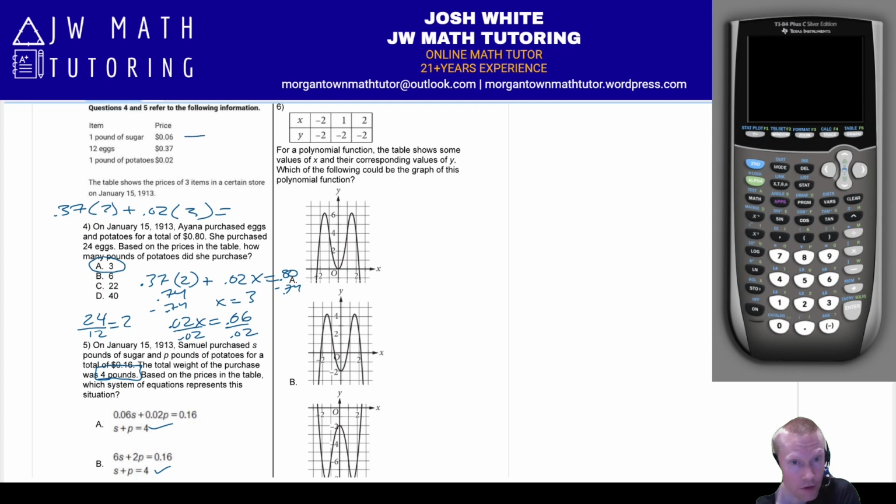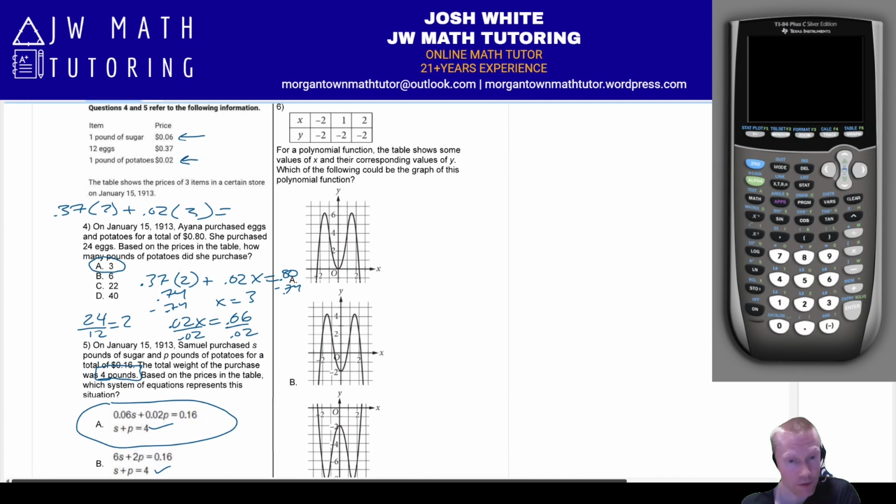Notice that the prices per pound are 0.06 or 6 cents, but written in dollar form. And for potatoes, 0.02 or 2 cents. So we want to take those and multiply them by S and by P, and then set that equal to 0.16. Because 0.16 is written in dollar format, that's why we want to keep it as 0.06 and 0.02. So answer A is correct.